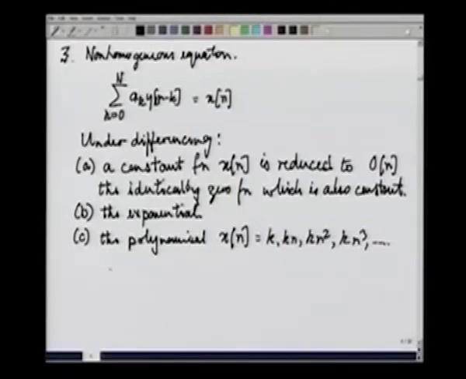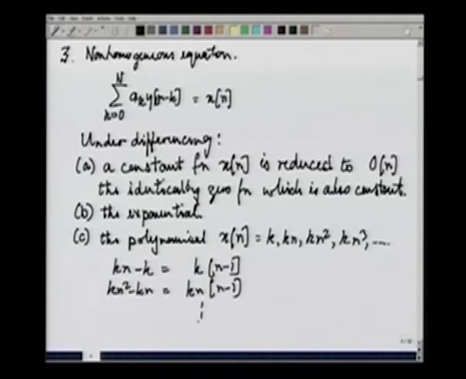k n minus k gives you k into n minus 1. If you take k n squared minus k n, k n minus k will give you k into n minus 1, k n squared minus k n will give you k n into n minus 1, and so on.